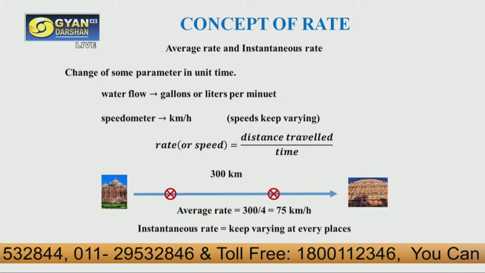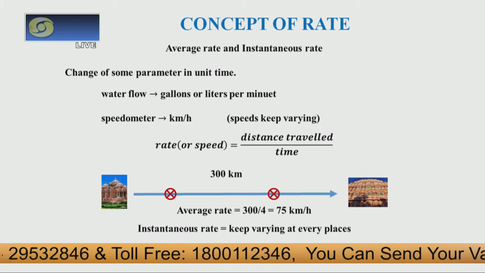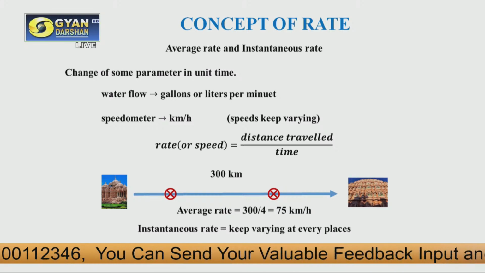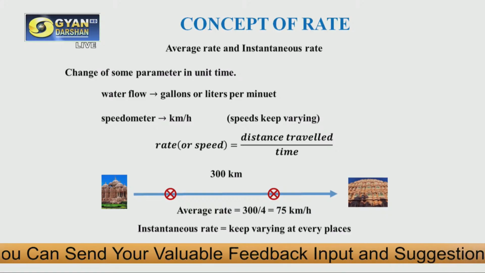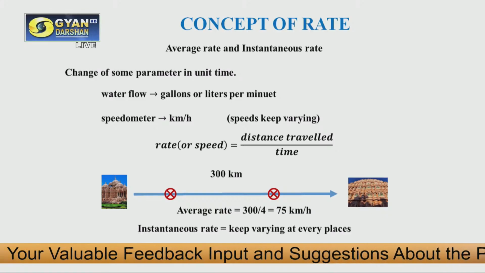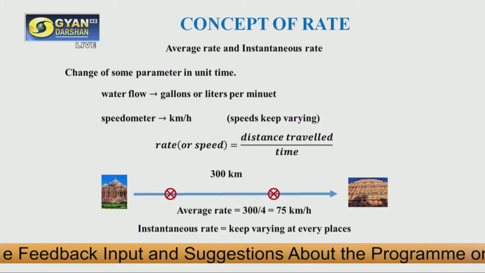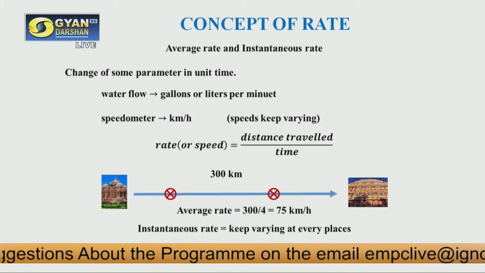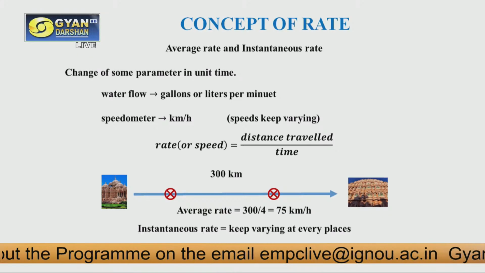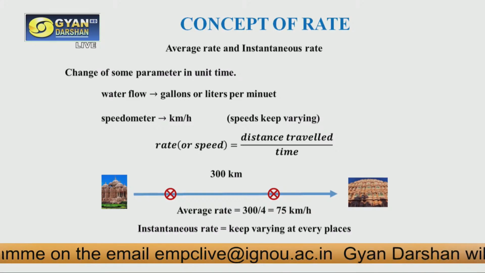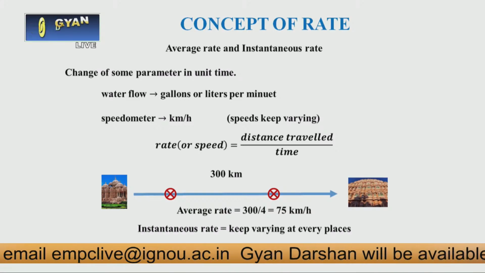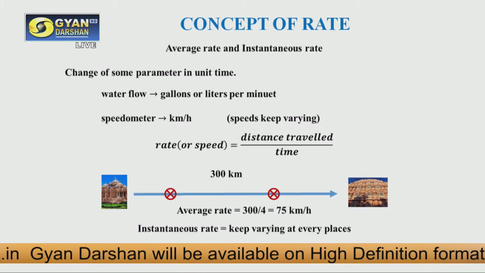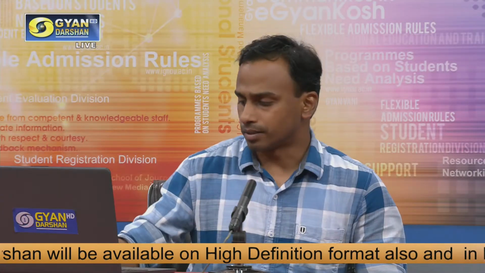How can we calculate it? From the speedometer we can check that our speed at Rewari is x kilometer per hour. Suppose at place B, like Alwar, we want to calculate our speed at Alwar. What is my speed? We can just read it from the speedometer, because it keeps varying. It's not the average rate; it is the rate instantly at a particular place. So we can easily check it from our speedometer.